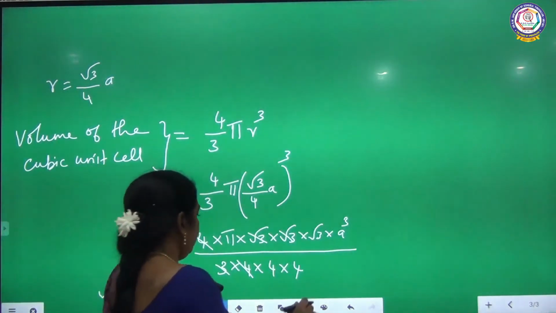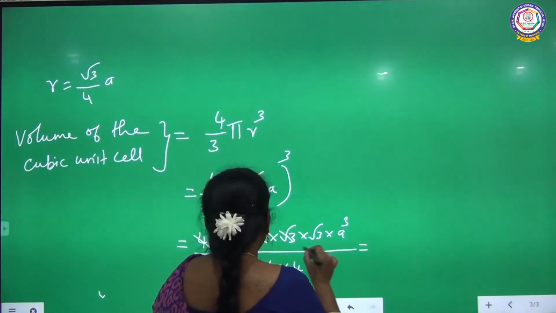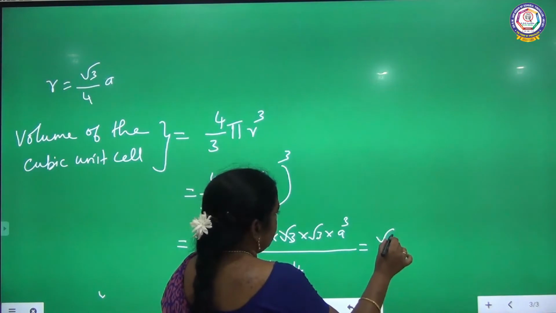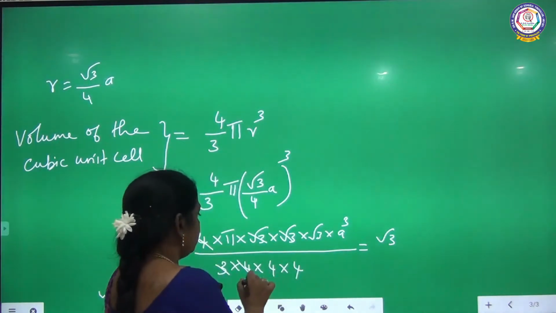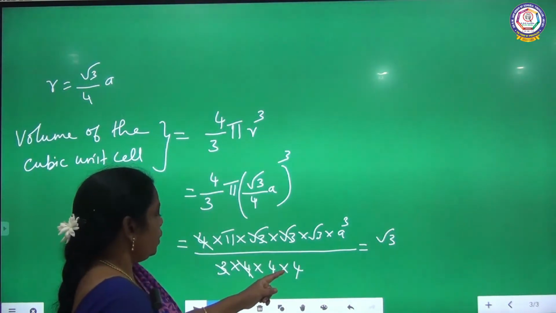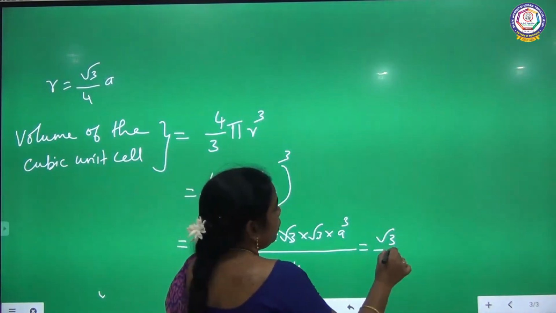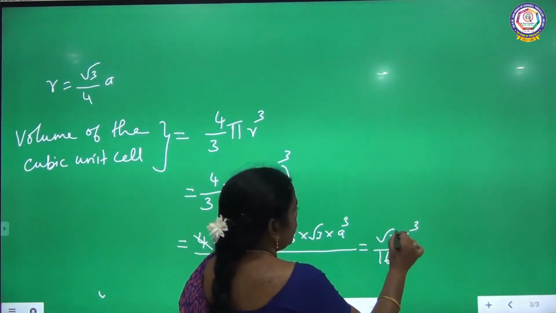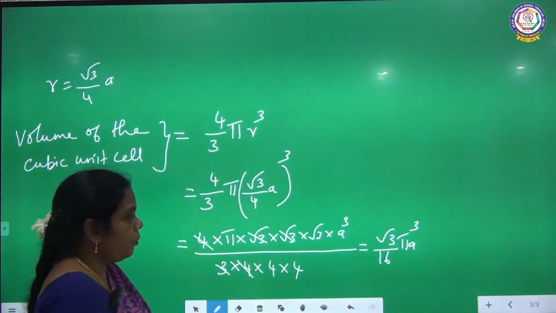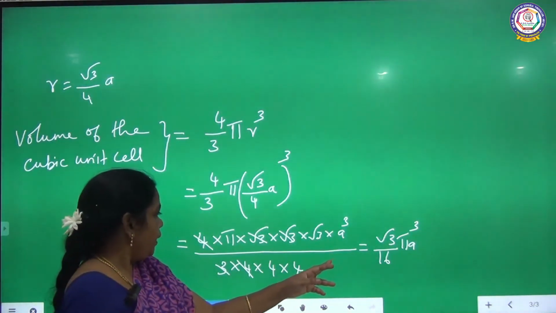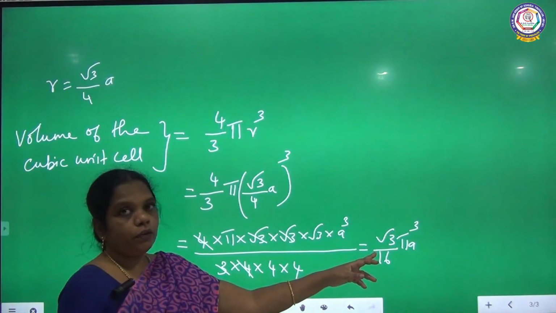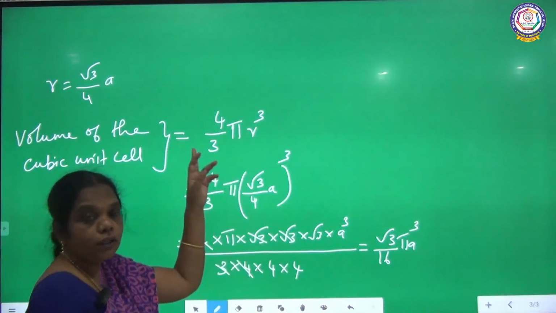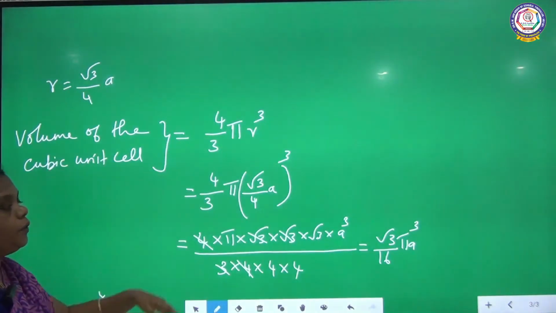So what is remaining? Root 3, 4 into 4, 16. Root 3 by 16 pi a cube. We are going to get the volume of the sphere.